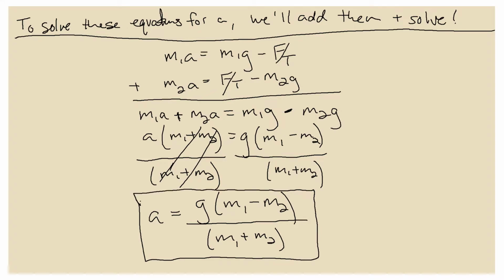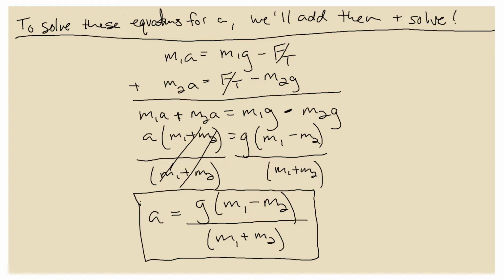Now, we're going to come back to this because this is a really super important point. The way that equation looks is actually really, really important. Notice on the top, we had M1G minus M2G once you redistribute the G. What is M1G? What is M2G? It's the difference in the weights.